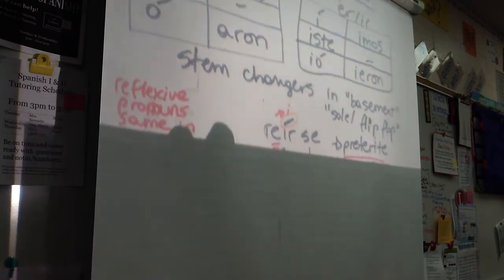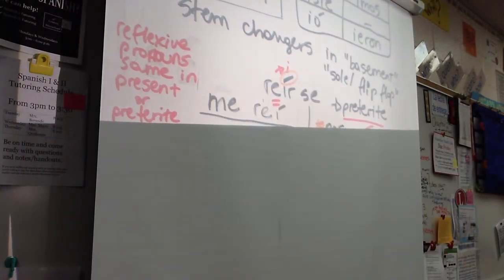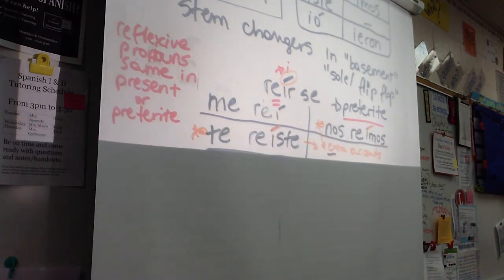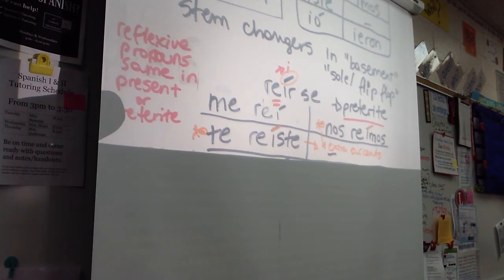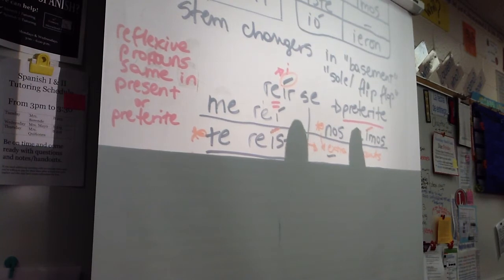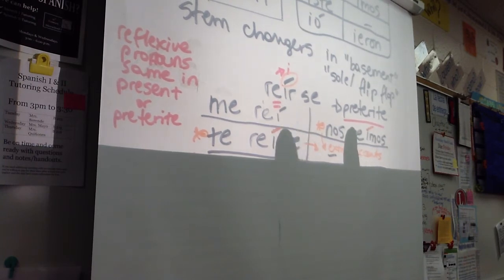Okay. So, me reí, no big deal. Te reíste, nos reímos. Regular conjugations, except for where you have the accent on the infinitive form. You're going to carry over the accents to the tú form and the nosotros form, just like we had extra accents for the verb leer.